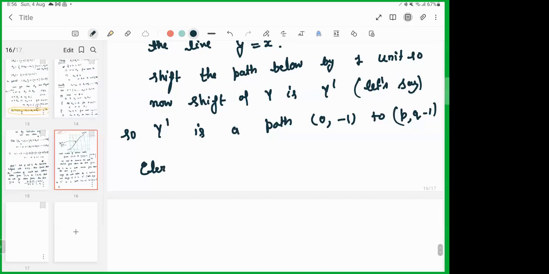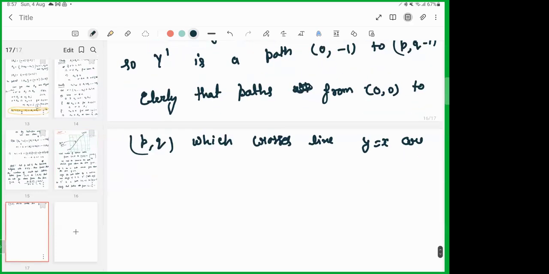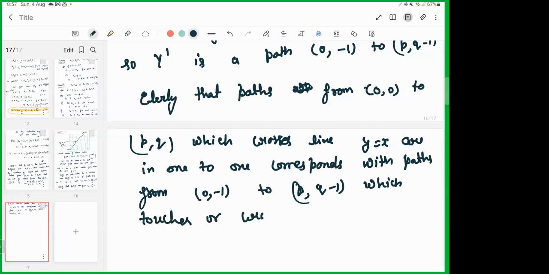It is clear that paths from 0, 0 to p, q, which cross the line y equals x, are in 1-to-1 correspondence with paths from 0, -1 to p, q minus 1, which touch or cross the line y equals x.